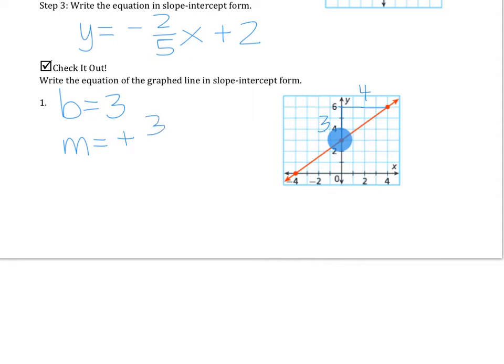The slope is uphill from left to right, so it's positive. It's going up 3 and over 4. So y equals 3/4 x plus 3.